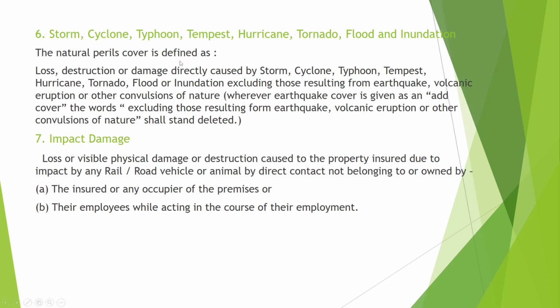The natural peril cover is defined as loss, destruction or damage directly caused by storm, cyclone and this type of peril, excluding those resulting from earthquake, volcanic eruption or other convulsions of nature.